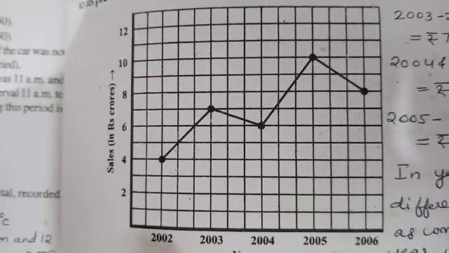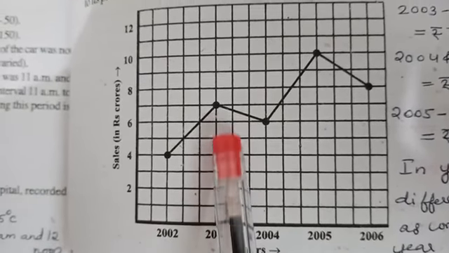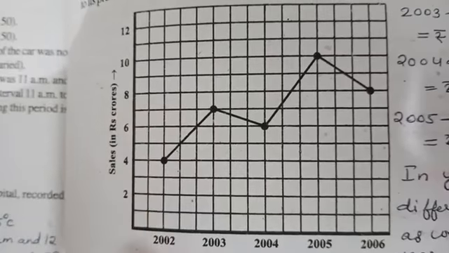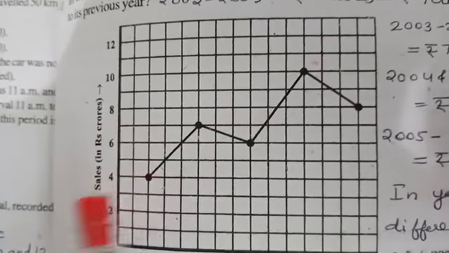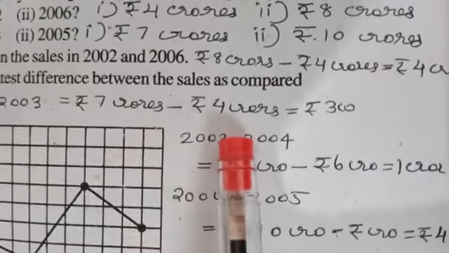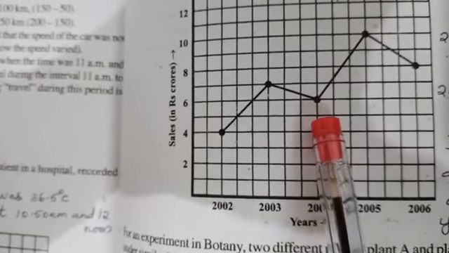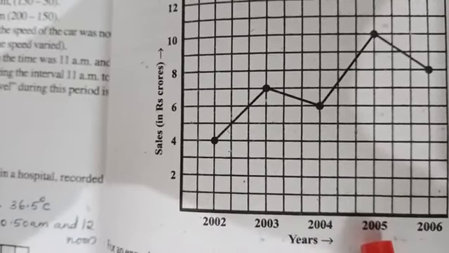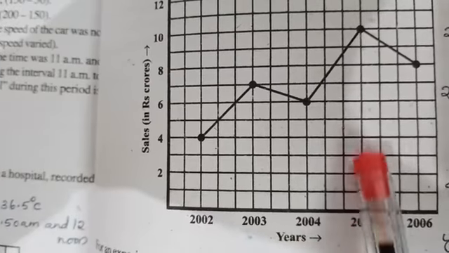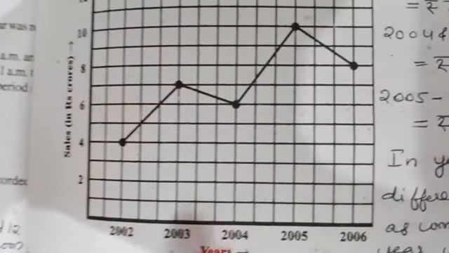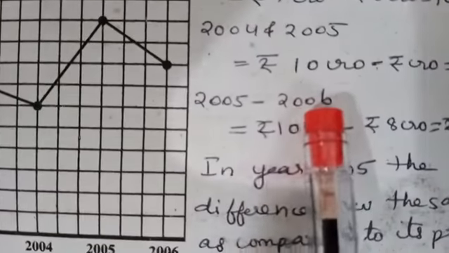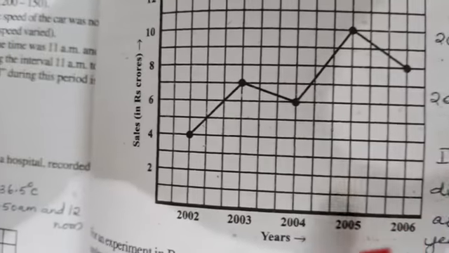Here 2003 is 7 crores minus 2002 at 4 crores, so we get 3 crores. Then 2004 is 6 and 2003 is 7, so 7 minus 6 gives 1 crore. Then 2005 is 10 crores and 2004 is 6 crores, so 10 minus 6 gives 4 crores.